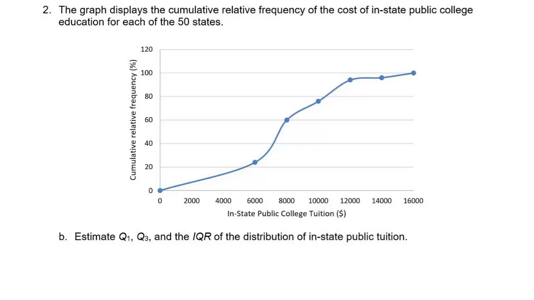Q1 looks like it's probably about where? 4,000 for Q1? Q1 would be what percent? 25%. So looking at my graph, 30 would be right here, right? There's 30%. So 25% is going to be about here-ish.